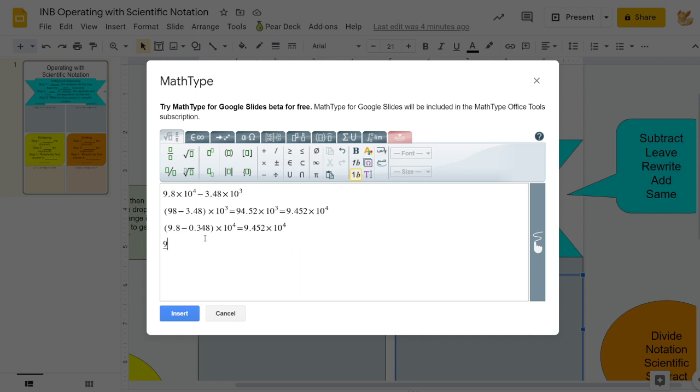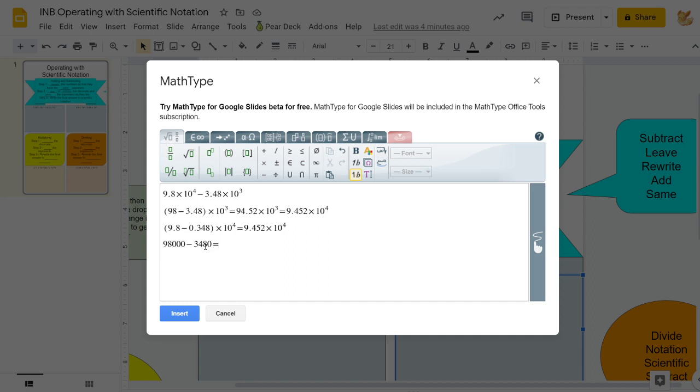So 9, and then this would be 1, 2, 3, 4. Putting zeros where I don't have any digits. And then I'm going to minus, and then I'm going to put the next number in standard form, which is 3, and then I need 3, move the decimal 3, so 1, 2, 3. I'm putting a 0 where I need it.